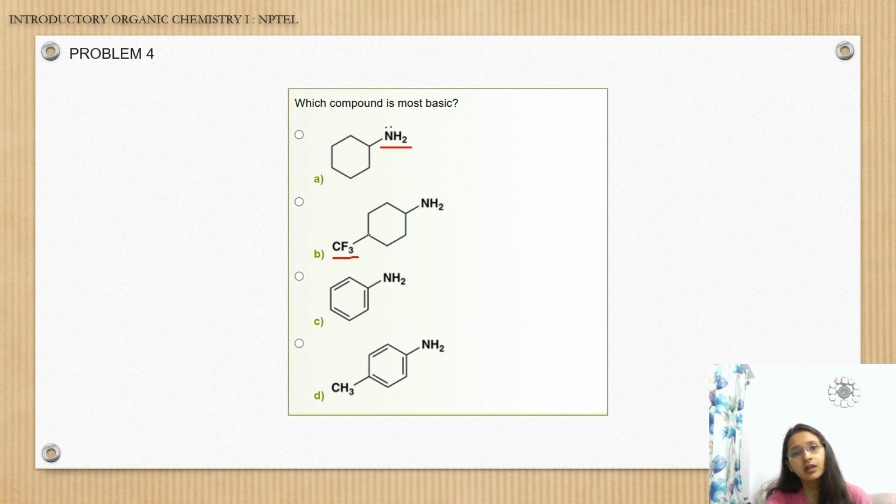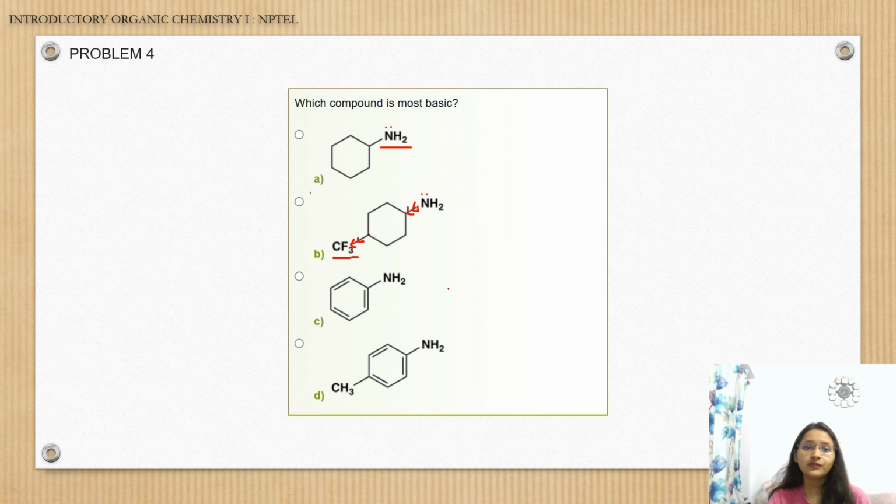This CF3 is nothing but an electron withdrawing group. If it is an electron withdrawing group, it will pull the electron towards itself. So it is making this nitrogen center less basic because it will pull the electron density from this side as well. So the nitrogen lone pair is not remaining as basic as that present in option number A.